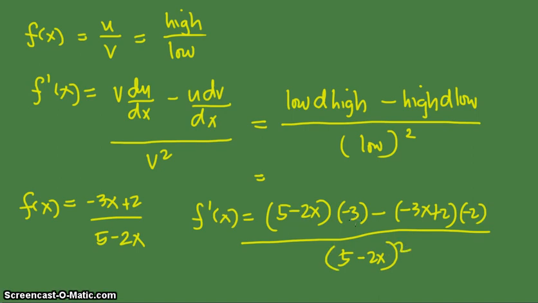So it's low d high minus high d low over low squared. After that, you just have to simplify the expression. I hope that helped you remember the quotient rule more easily. Okay, so that's it.